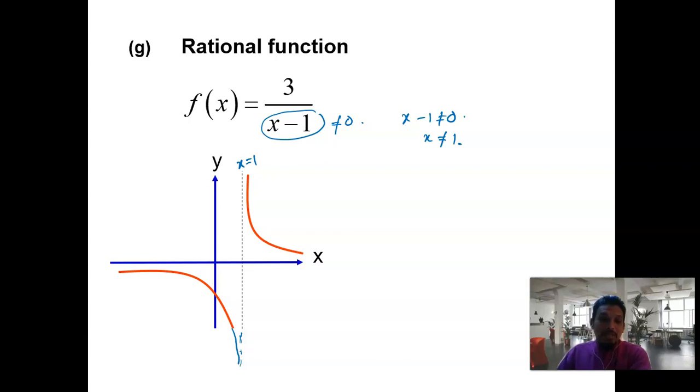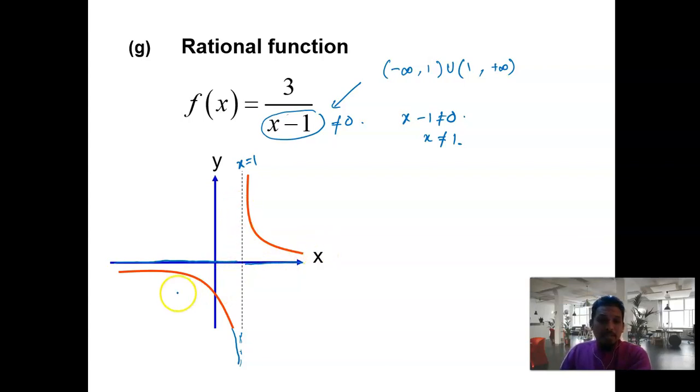Okay, so class, what is the domain of this function? We can straightforwardly refer to this. The domain is all real numbers from negative to positive infinity, except when x equal to 1. All x are acceptable, except for x equal to 1.